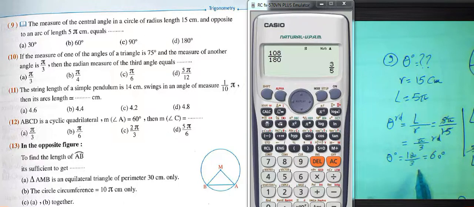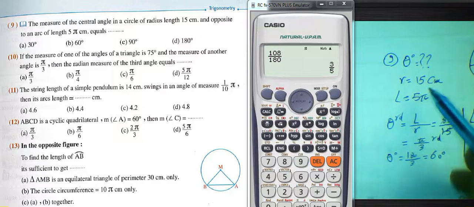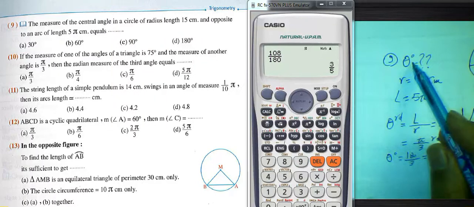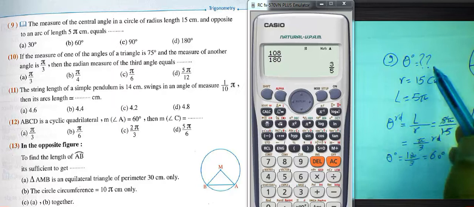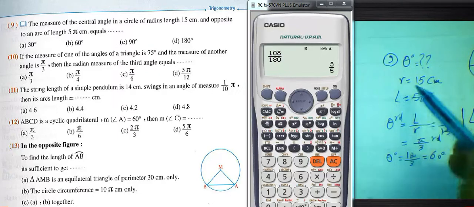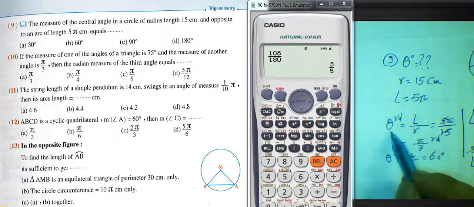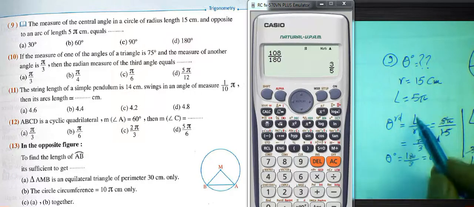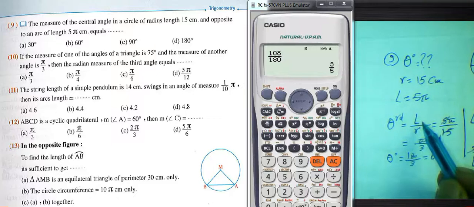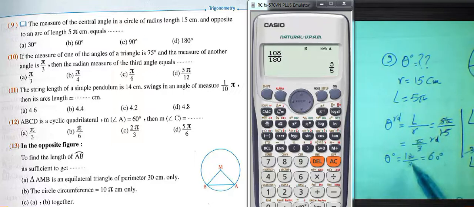Okay, I will solve it again. In question number 9, we have theta degree unknown, the radius 15 centimeter, L equals 5 pi. He wants to find theta radian, L over R, length of the arc divided by R, where R is the radius. 5 pi over 15 equals pi over 3 radian.